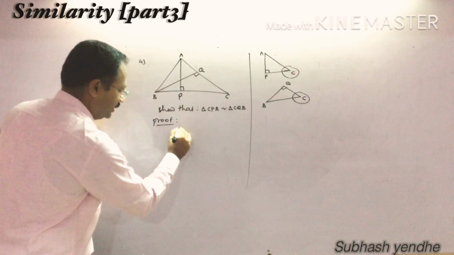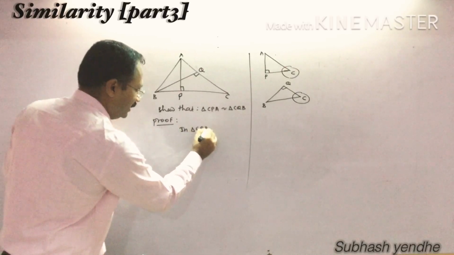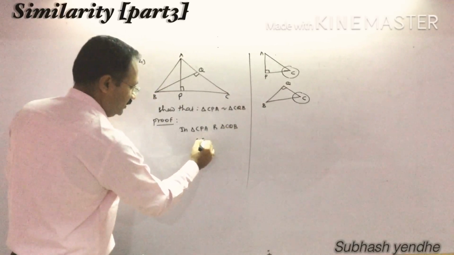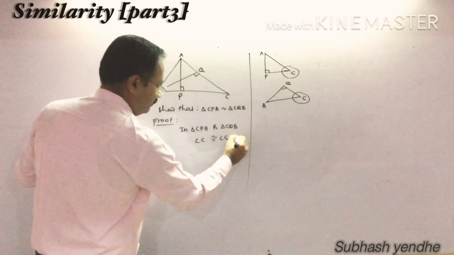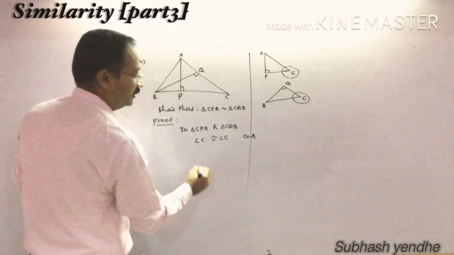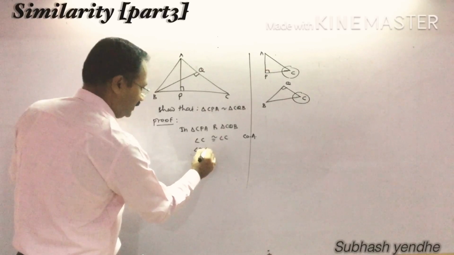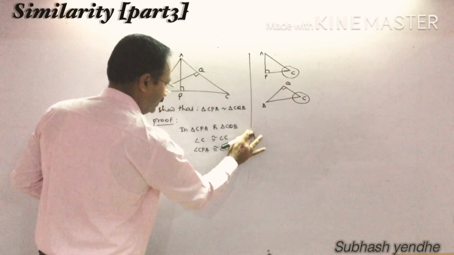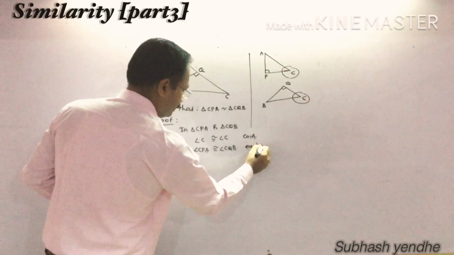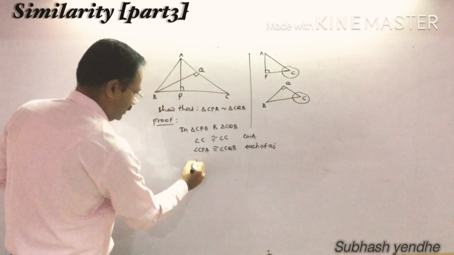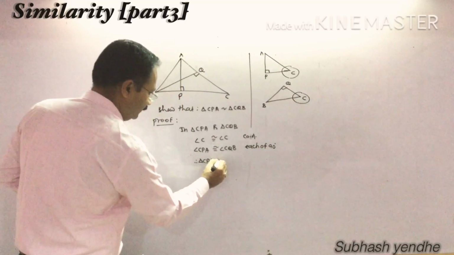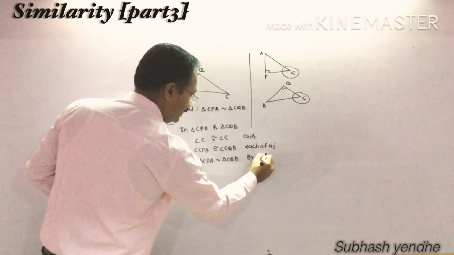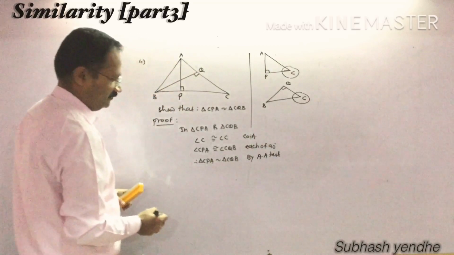In triangle CPA and triangle CQB, angle C is congruent to angle C because of common angle, and then angle CPA is congruent to angle CQB, each of 90, and therefore triangle CPA is similar to triangle CQB by AA test of similarity.